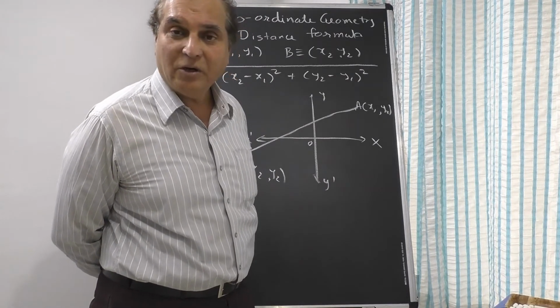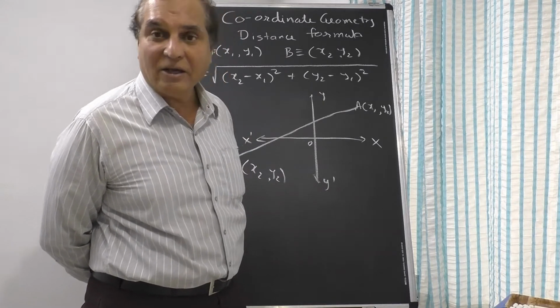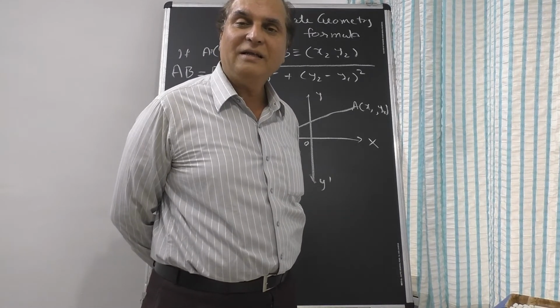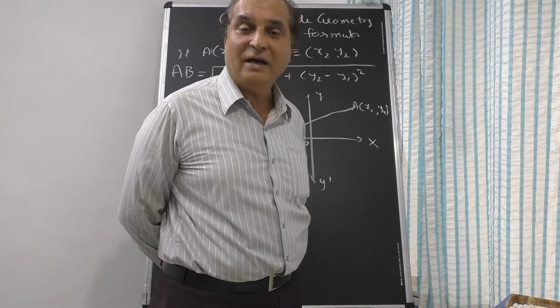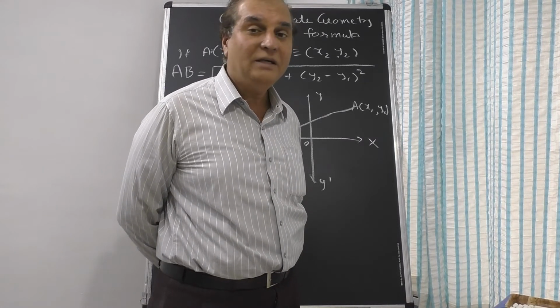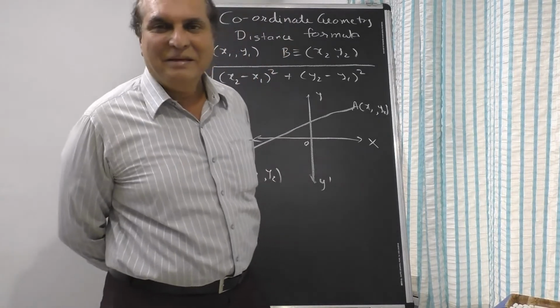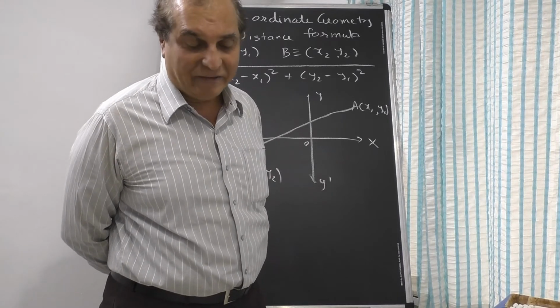So you have to find diagonal AC and diagonal BD. If diagonals are equal, AC equal to BD, then only you have proved the quadrilateral is a square. Means AB equal to BC equal to CD equal to AD, all sides equal and diagonals equal. Diagonals are not equal to the side, but diagonals are congruent, then only it is a square.